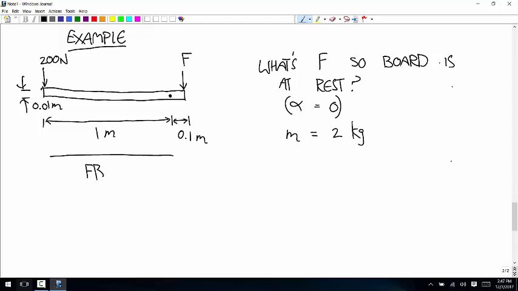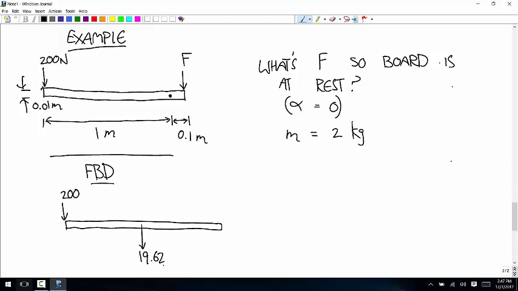A free body diagram. There's a 200 Newton force. There's a downward force at the middle of 2 times 9.81. There's the two forces here that aren't going to affect anything.